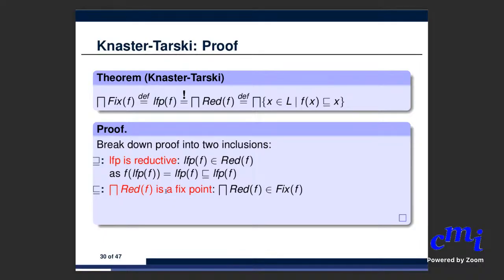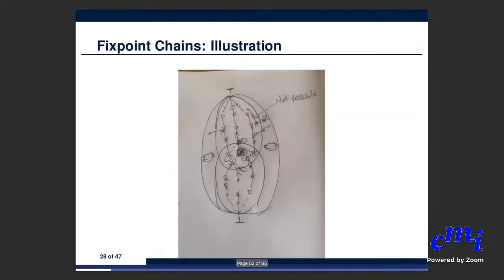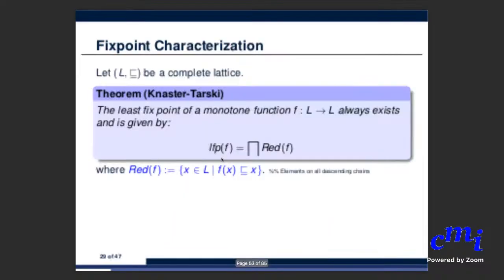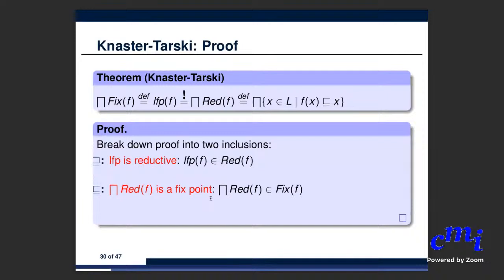So the real thing is proving that red F itself is a fixed point, and it is within this set. The greatest lower bound of all these things is itself in that set, and that it is itself the fixed point is the second thing that it shows.